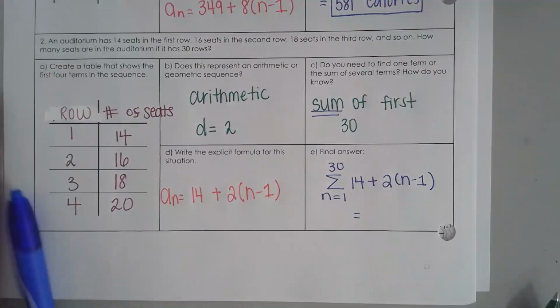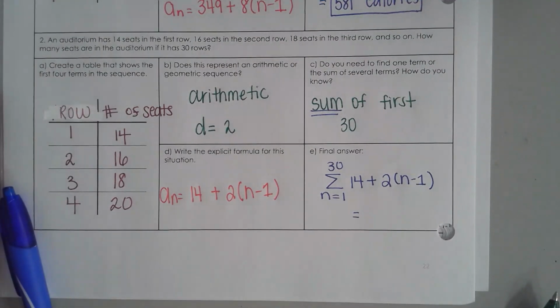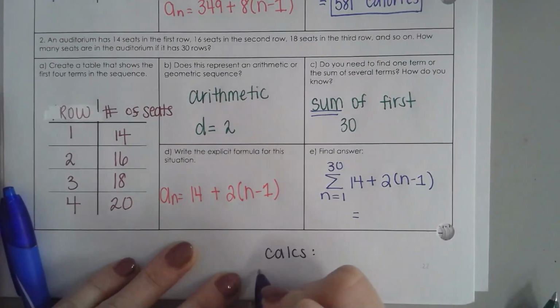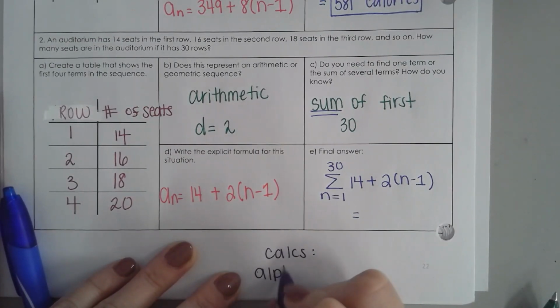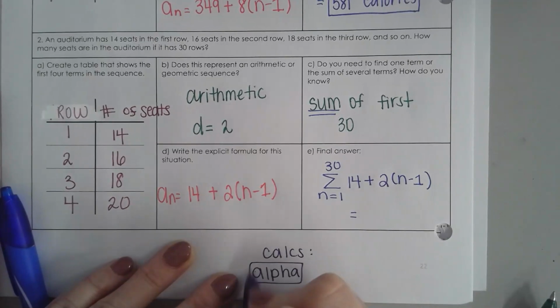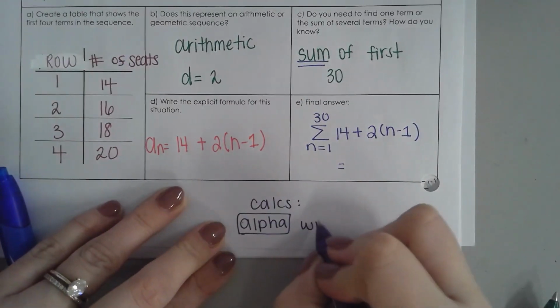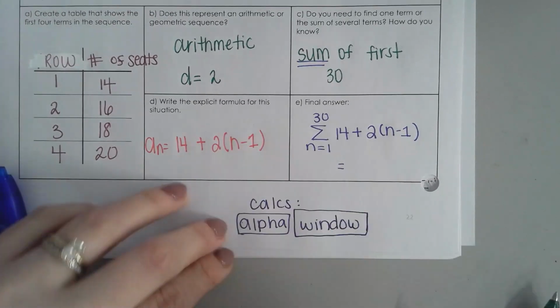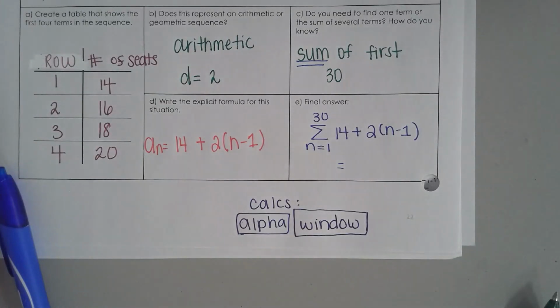On your 84 calculators, you're going to do alpha window. On the 84s, alpha window has a lot of symbols. And so if you're ever needing some kind of weird symbol, that would be where you would check first. So alpha window.